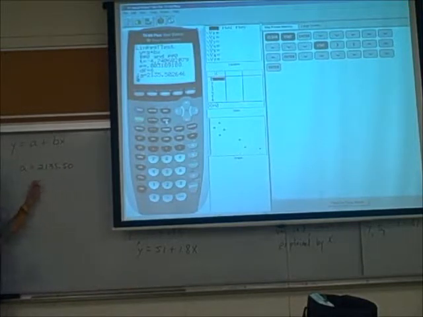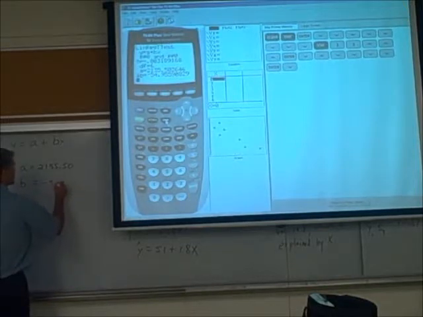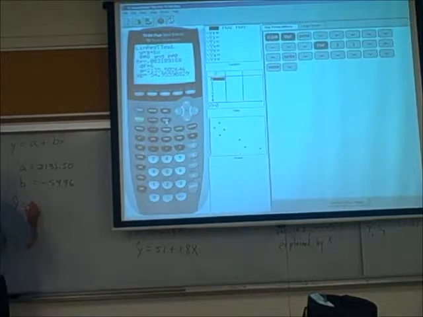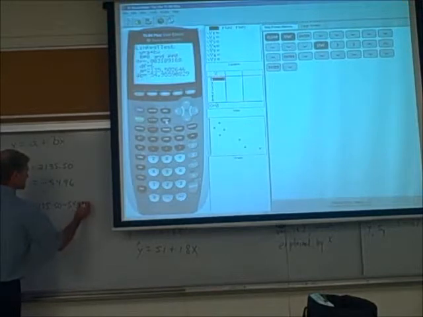Since we're talking about money, I'm going to go to 2 decimal places there. And b is not showing, but there's a little down arrow right next to the a. So I go down to b, and that's negative 54.96. So my regression equation is 2135.50 minus 54.96x.